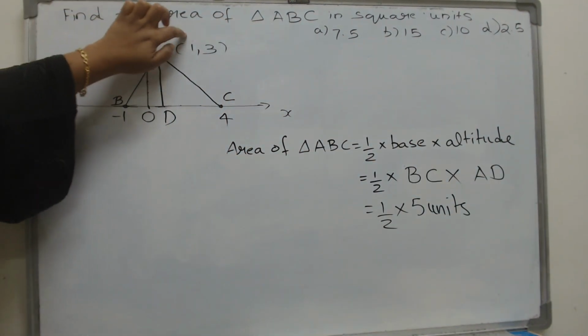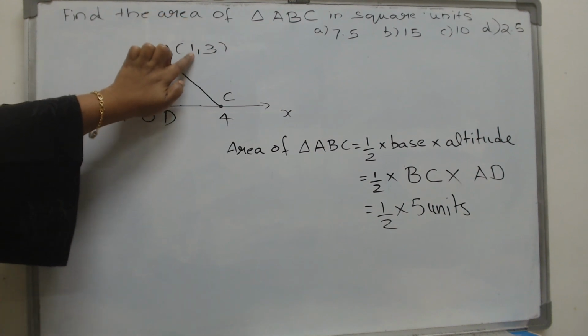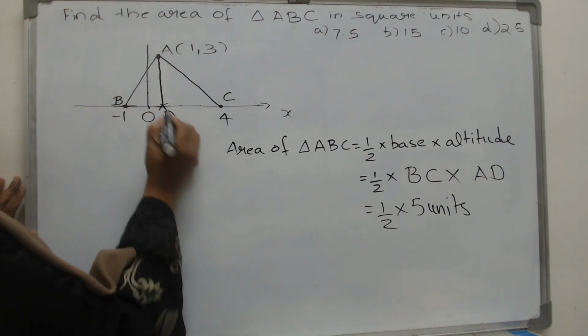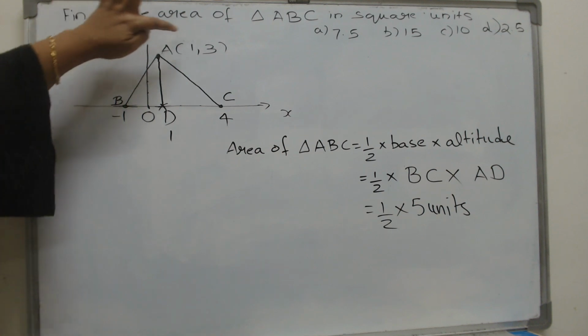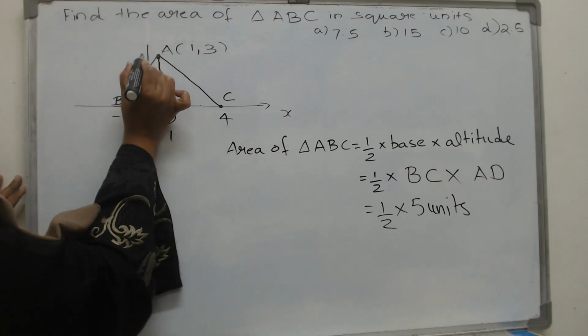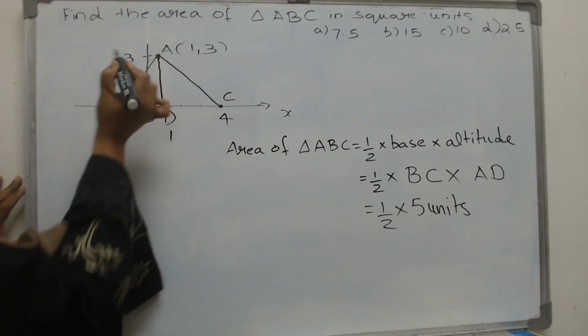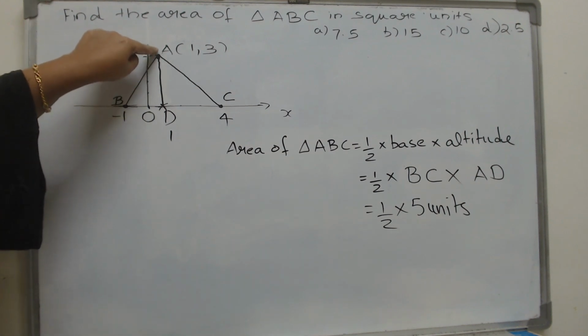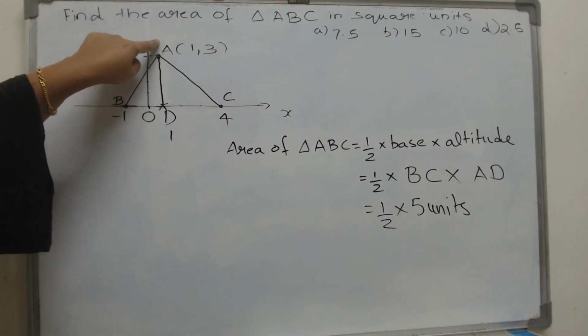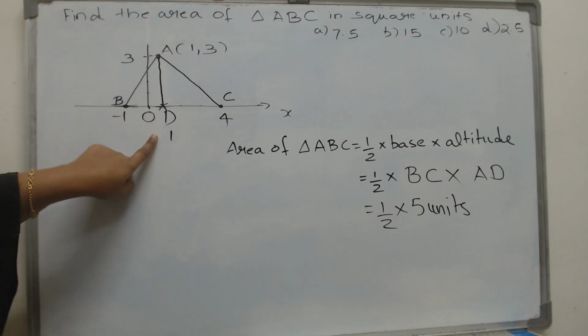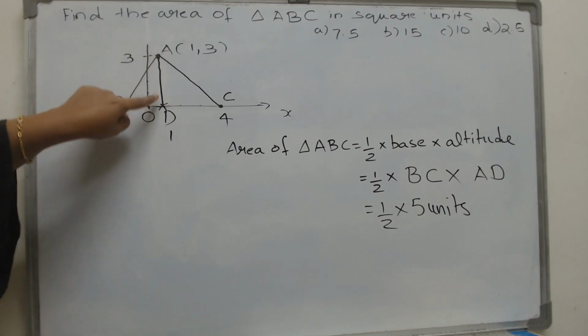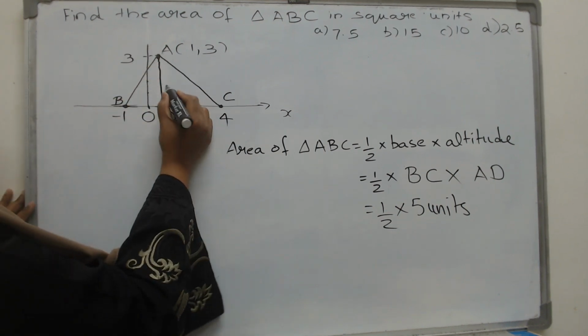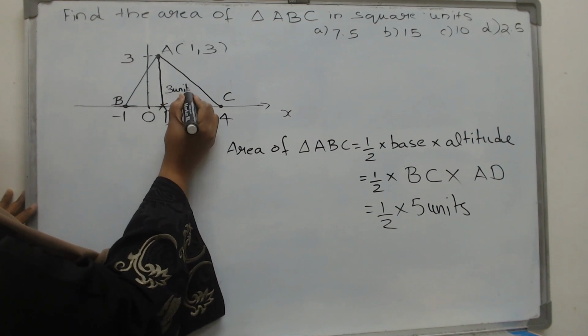Now what is this point? It is (1, 3). Its x coordinate is what? Its x coordinate is 1. And what about its y coordinate? Its y coordinate is 3. So what is the perpendicular distance from a point to the x-axis? What is this distance? This distance is 3 units, right?